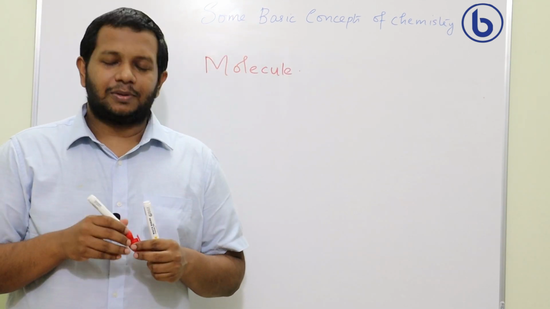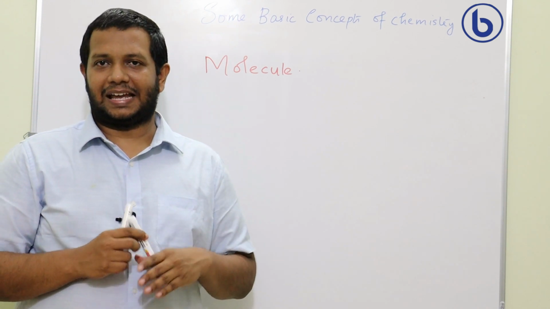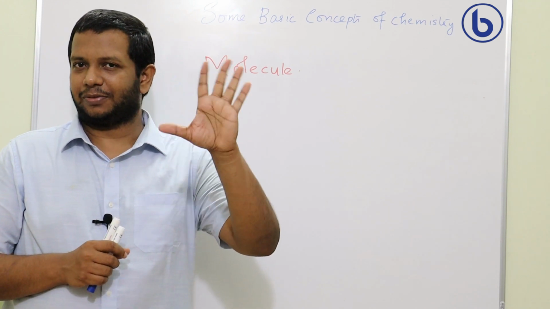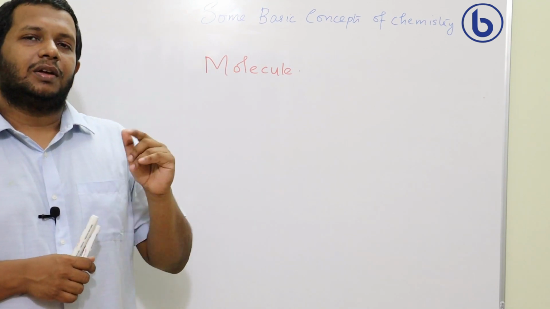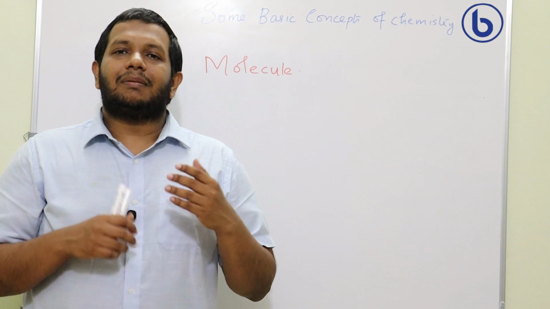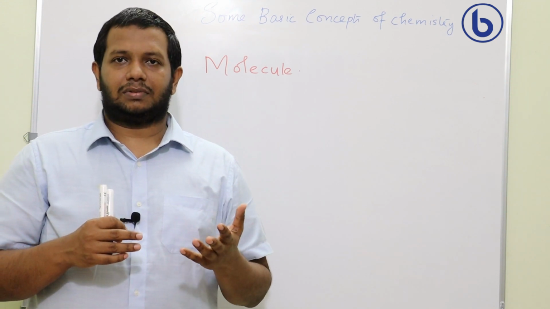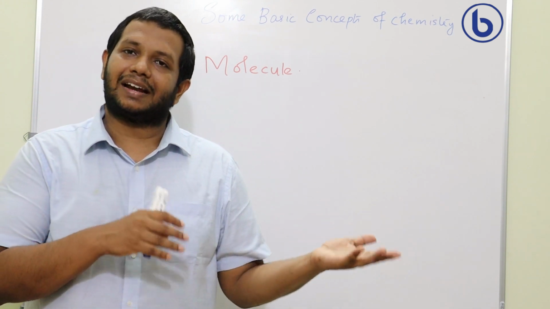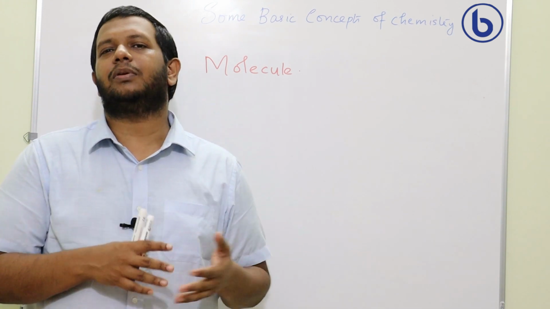As I told, I was talking about elements and about stability. Now you have some fair idea regarding stability. I told you some elements can exist in different stable forms. Some elements may exist as an atom, the fundamental unit.